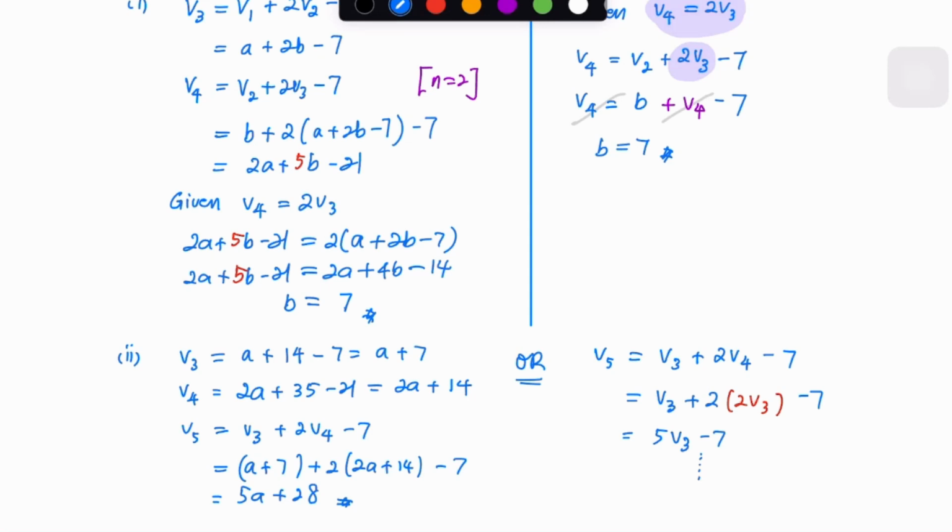The nice part about this question is that because they already explicitly link V4 and V3 together, you can simplify this recurrence relation with something simpler like this. That's the beauty of recurrence relation: you can always use the previous term if they give a relationship.